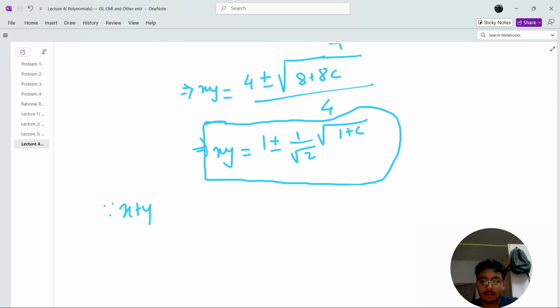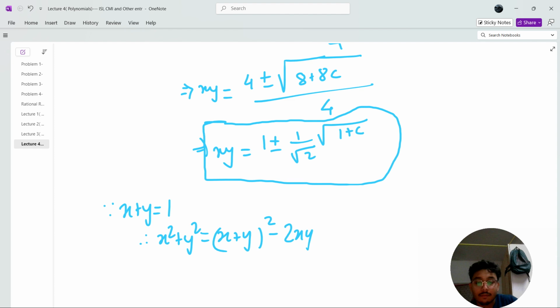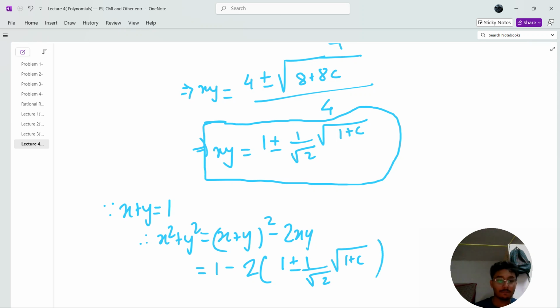Since x plus y equals 1, therefore x square plus y square is basically x plus y whole square minus 2xy. That gives me 1 minus 2 into 1 plus minus 1 by root 2 into root over of 1 plus c. Cool.